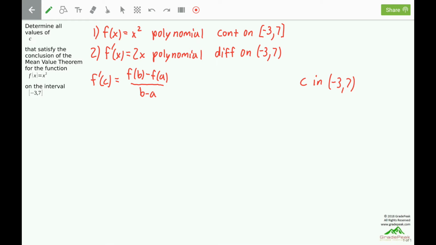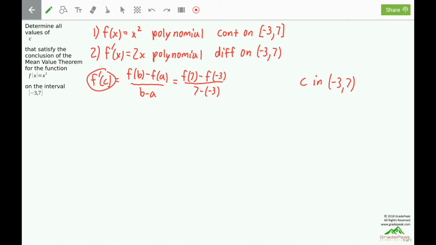For this problem, the a and the b are defined by the interval. A is the left endpoint of the interval, -3, and b is the right endpoint of the interval, 7. This equals f of 7 minus f of -3 divided by 7 minus -3.